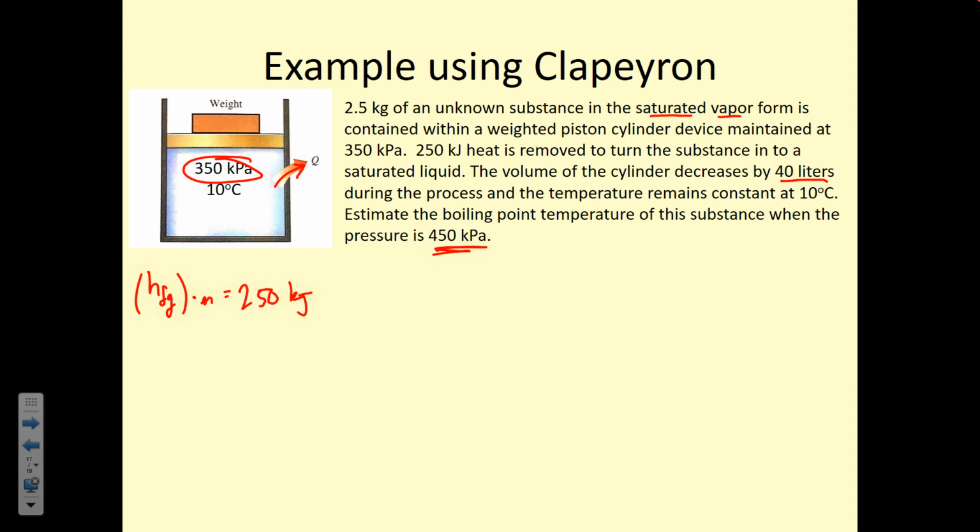Okay, so again, this equation, dP/dT, the Clapeyron equation, when we're holding it constant at saturation, is equal to H sub Fg over T times V sub Fg. What information are we given in the problem?